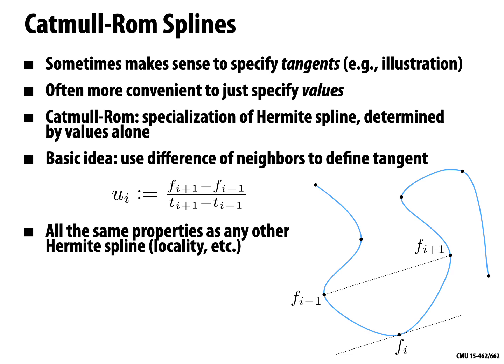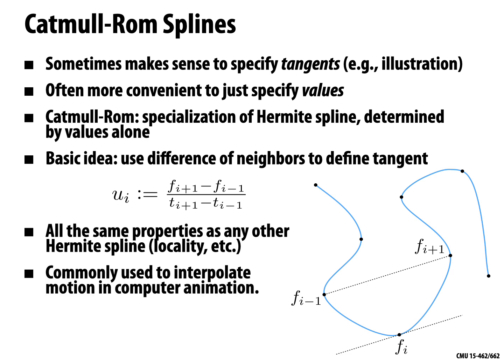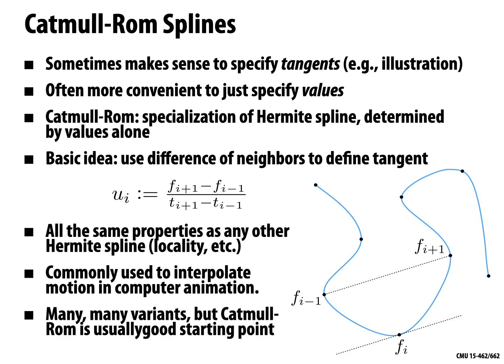Locality, and so forth. This is something that's really commonly used to interpolate motion in computer animation because, especially when you're talking about motion, it may not be clear what velocity you want, right? You just want to set the camera down at different locations in space and get a nice interpolation. There are lots of different variations of this kind of spline that give even smoother, nicer motion, but Catmull-Rom is usually a pretty good starting point to get some basic animation.